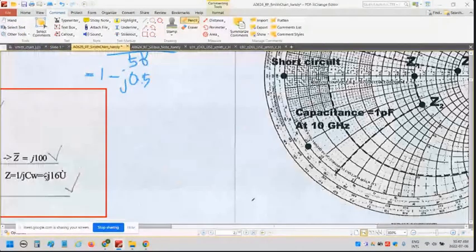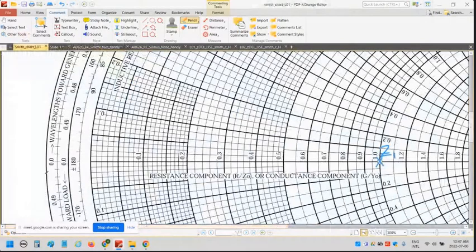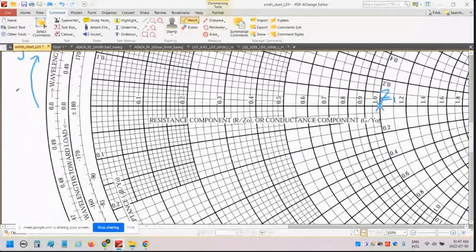This one is 1. For the minus, you should know that going up is positive j, and if you start from here and go down, it is negative j. So 1 is here.